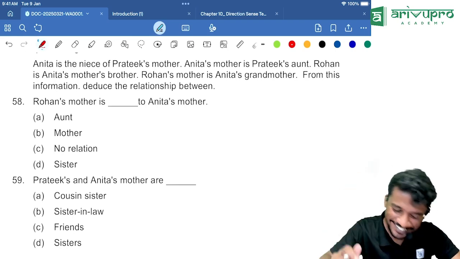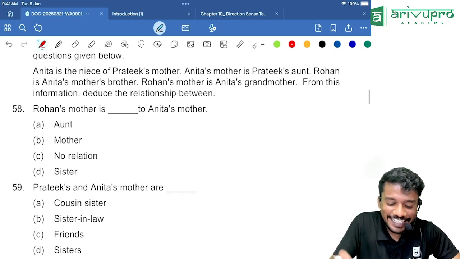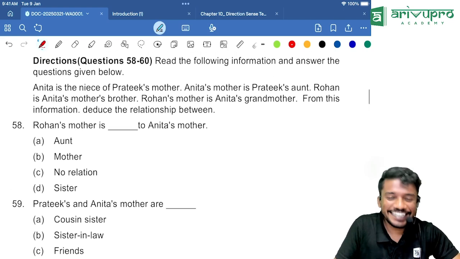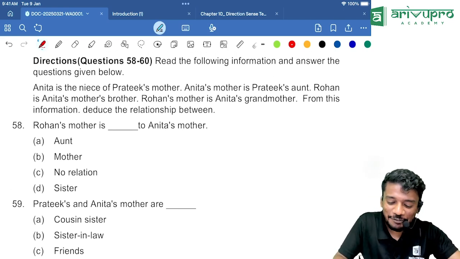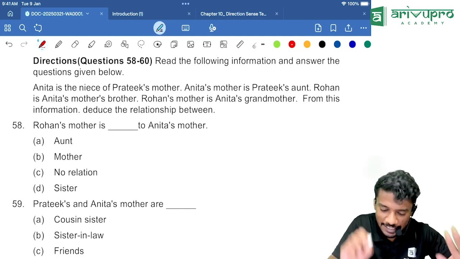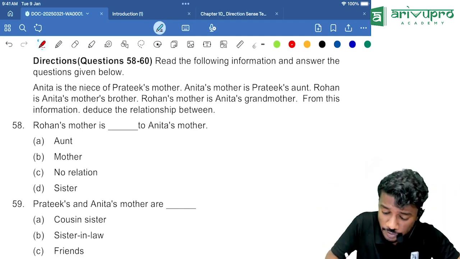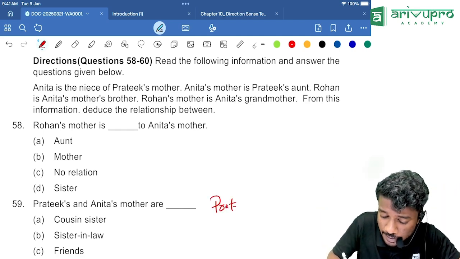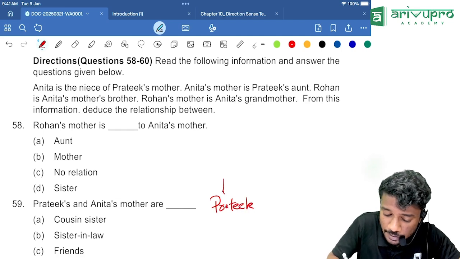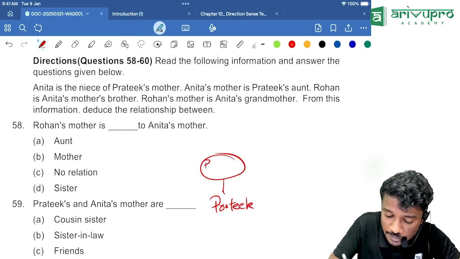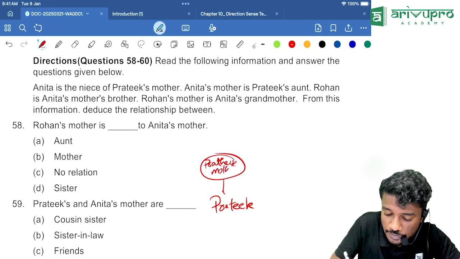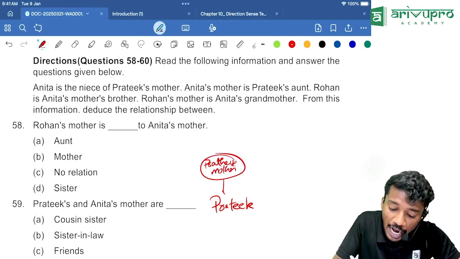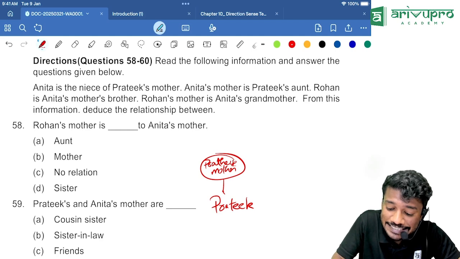Don't talk. Anita is the niece of Pratik's mother. Let it be there, I am not writing anything. So Pratik is there, and Pratik's mother is there. Anita's mother is Pratik's aunt.